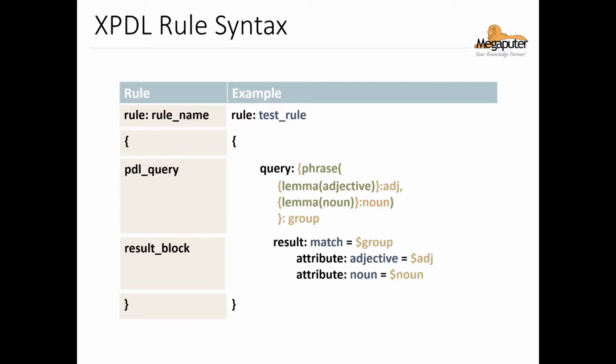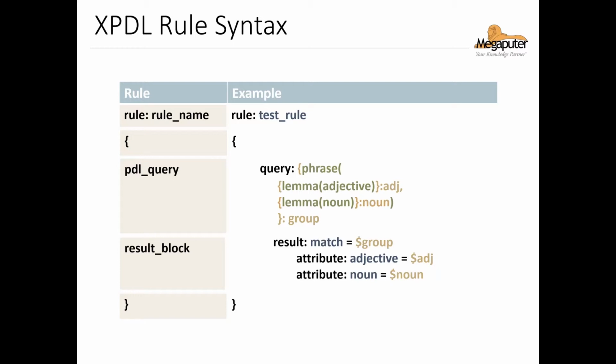We also have attributes. Attributes are going to be additional pieces of information that are tied to this extraction. So if we're extracting this as new columns in our data, we would have one column called match, and then we would have two columns for our attributes, one called adjective and one called noun. And the contents of these additional columns would be decided by those named groups that we have here.